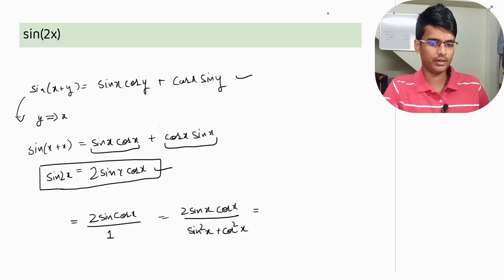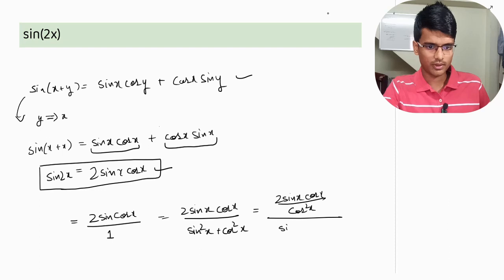I'll divide by cos square x in both numerator and denominator: 2 sin x cos x divided by cos square x, over sin square x plus cos square x divided by cos square x.